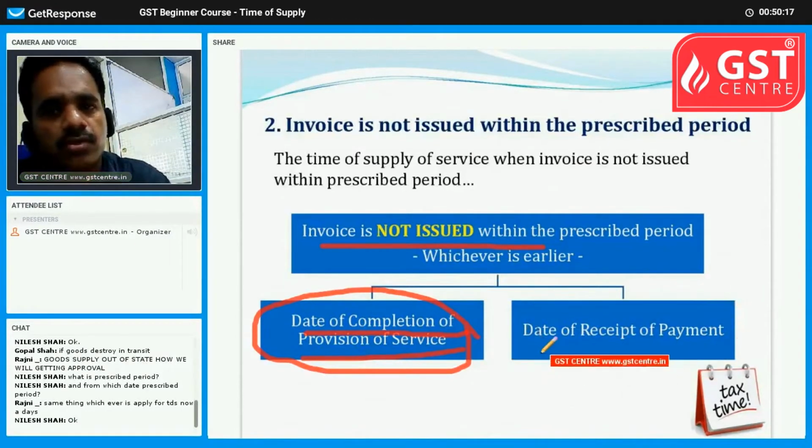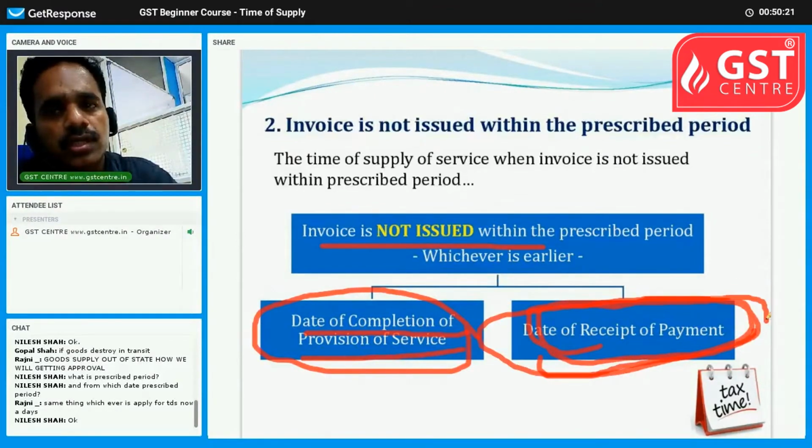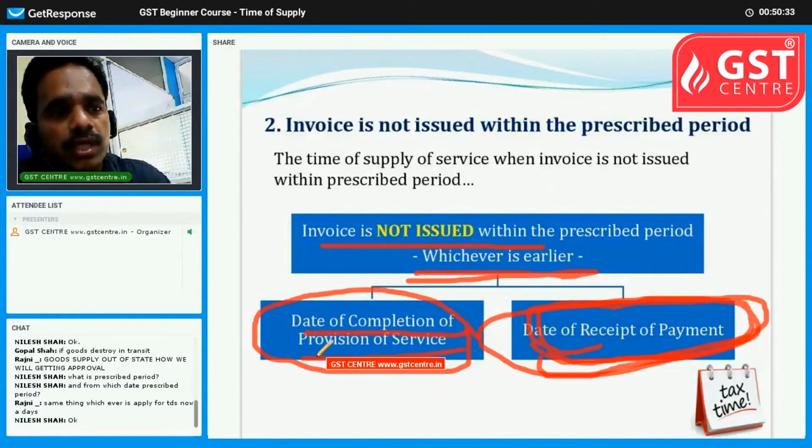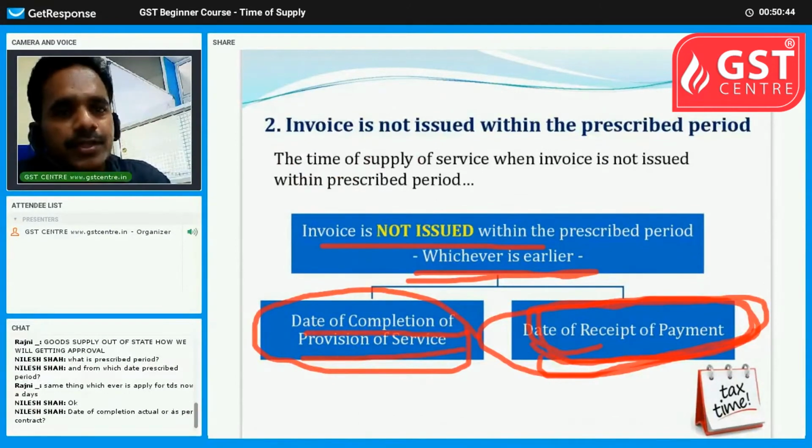Even if the invoice was not issued, the payment would have been received. So whichever is earlier of these two dates should be considered for determining time of supply for services.